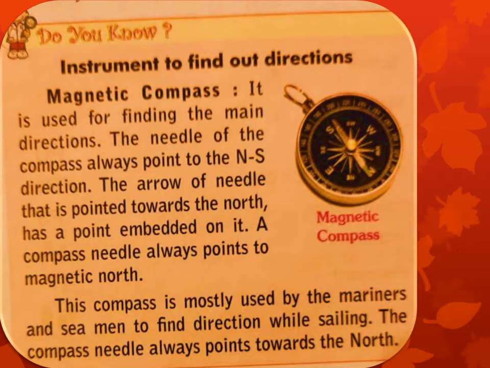The arrow of the needle that points towards the north has a point embedded on it, and a compass needle always points to magnetic north. This type of compass is mostly used by mariners and seamen to find directions while sailing.